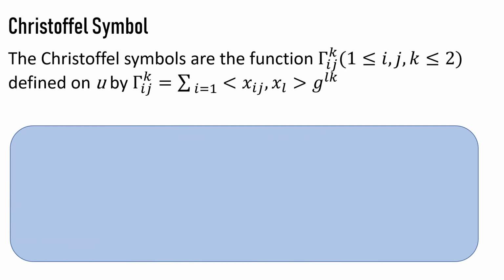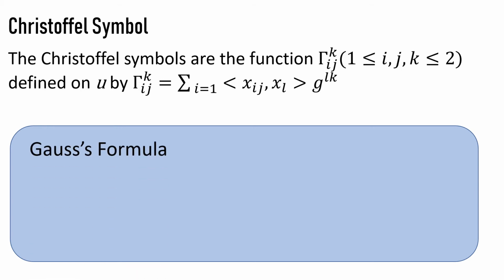So we calculated the first and second fundamental forms on the previous slide, and we're going to introduce the Christoffel symbols on this slide. The Christoffel symbols are the functions defined on U by Γ_ij^k equal to the sum over l of the inner product of x_ij and x_l times g^lk, where i, j, k are between 1 and 2.